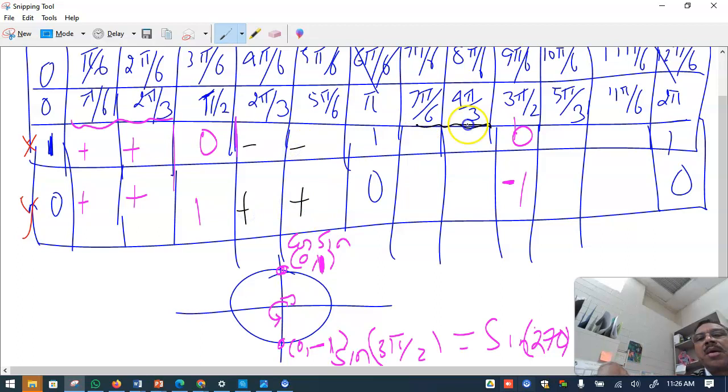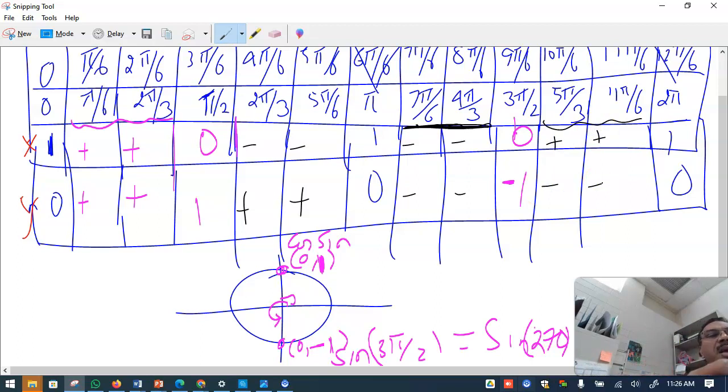But if you go to the third quadrant, both are minus. In the fourth quadrant, the x coordinate is positive and the y coordinate is negative. So this is how we fill it out.